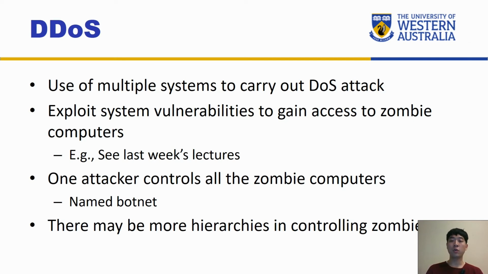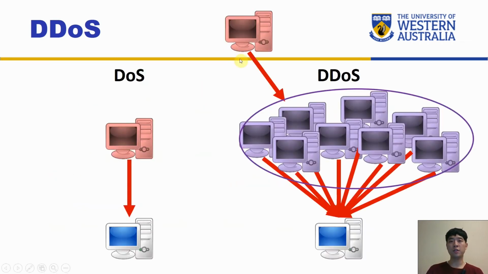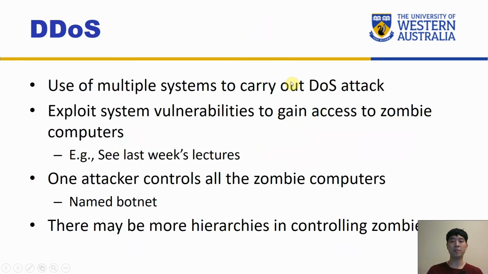One attacker controls all the zombie computers, so it is actually one person doing it, but they just have access to a lot of other computers, and there may be more hierarchies in controlling zombies as well. So this one up here may also be a zombie, just a hierarchy up from the working zombies.